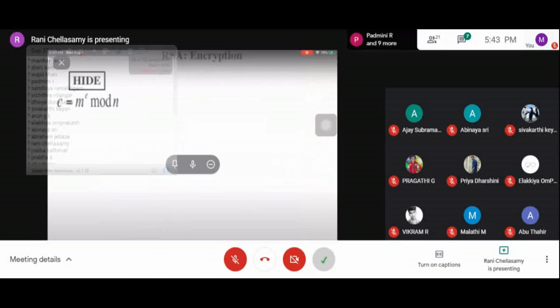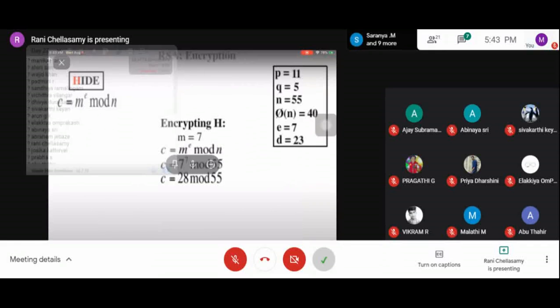So m is your plain text and e is your encryption key value, that is your public key value, and n is nothing but the p into q value that we have already calculated. Fine. So we have all the values: p equals 11, q equals 5, n equals 55, that is n equals p cross q, and phi of n you have already calculated, the totient value as 40.